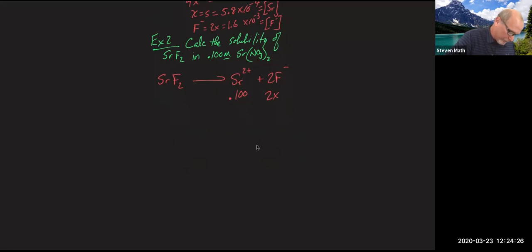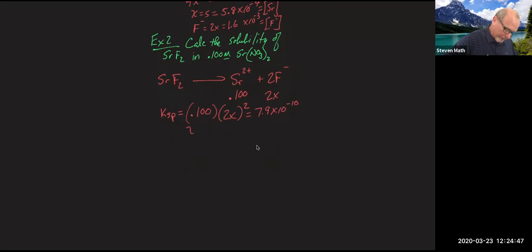So now what do we get? We get the Ksp here is equal to 0.100 times (2X), and don't forget to square that again. That's going to be 7.9 times 10 to the negative 10th.